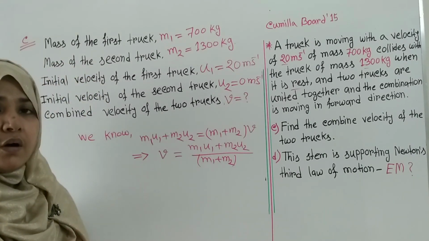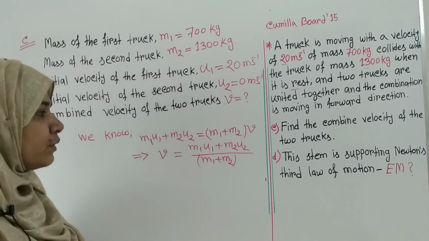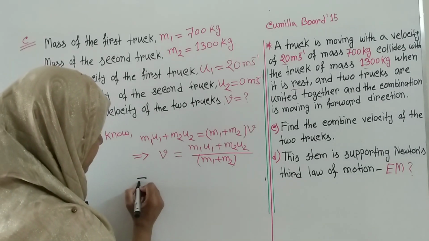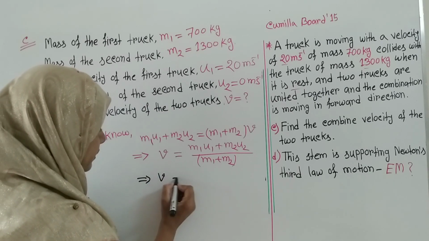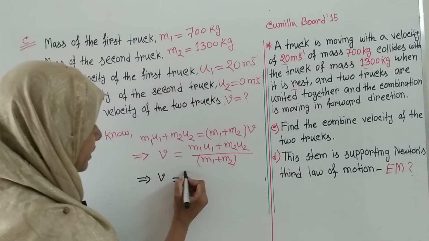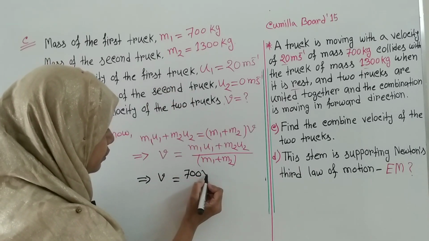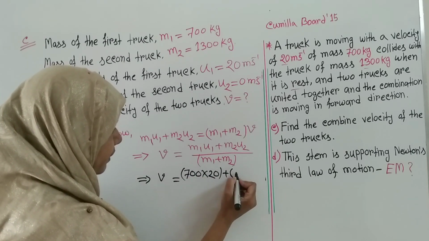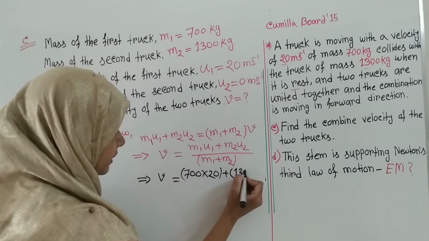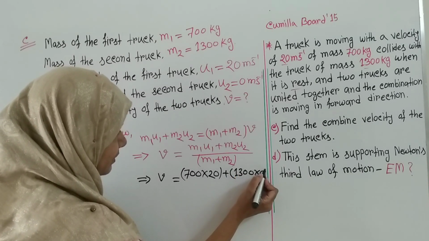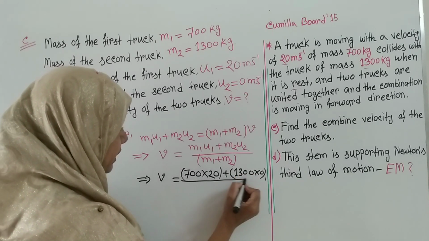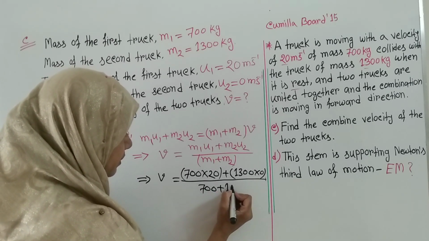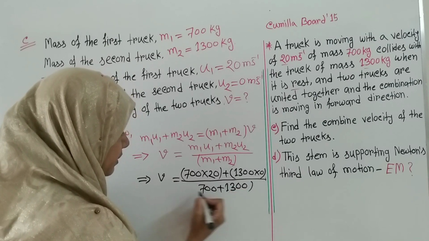Now we know all the information: the value of m1 is 700, u1 is 20, plus the value of m2 is 1300 and u2 is 0, divided by 700 plus 1300.